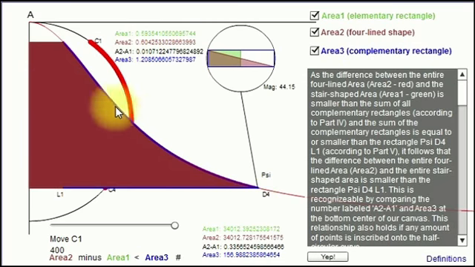And this line is basically longer than this line because it refers to a succession of the diagonals of the complementary rectangle, while this line refers to a succession of the complementary rectangle's widths, and the width is always smaller than the diagonal of the same rectangle.